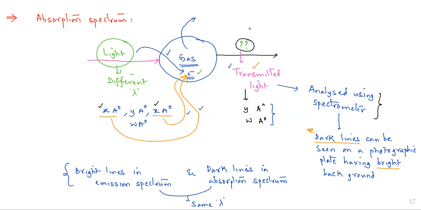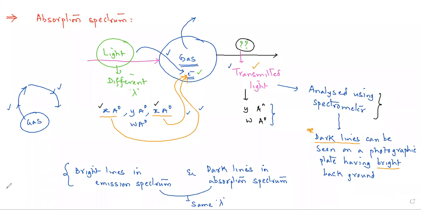I told you very clearly that whatever wavelength is absorbed during excitation, the same wavelength of radiation will be emitted during de-excitation. So the absorbed one and the emitted one obviously must have the same wavelength.